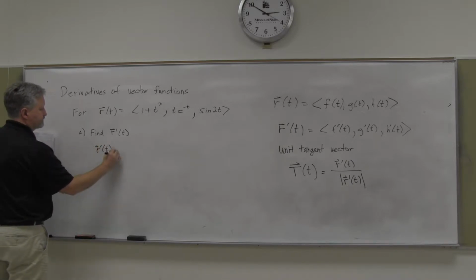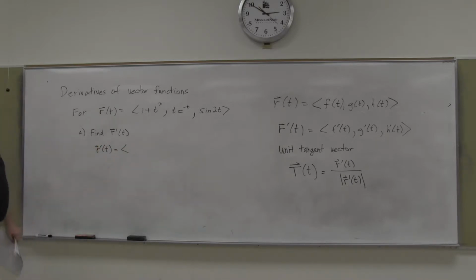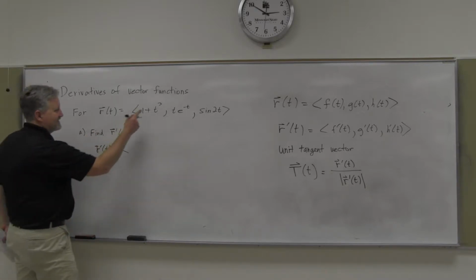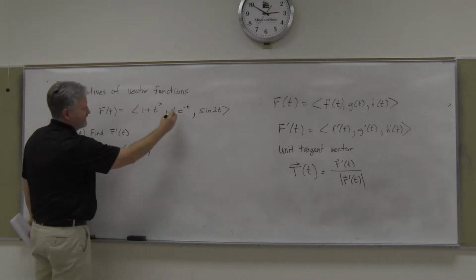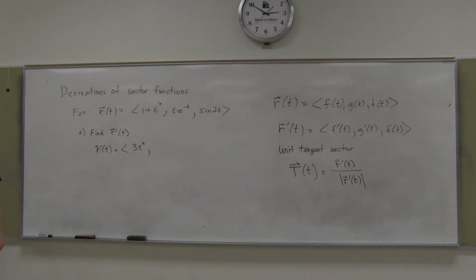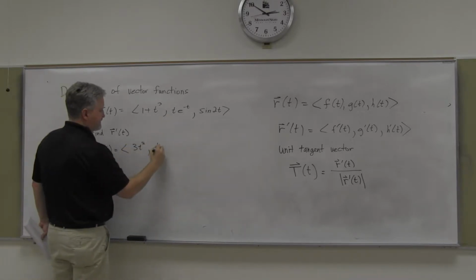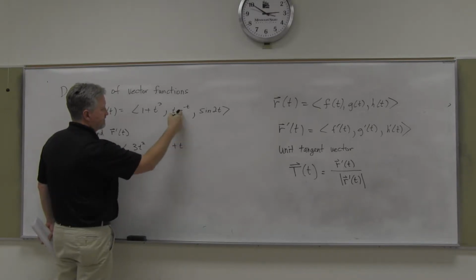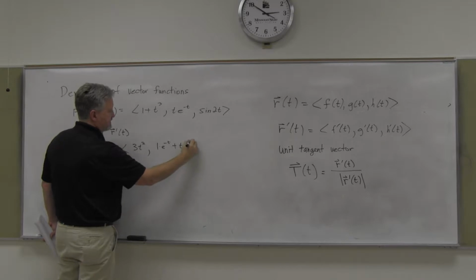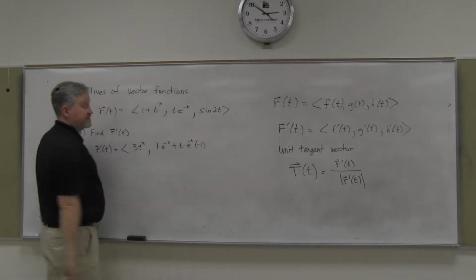Easy enough. We know about derivatives, so here's our chance to bring out our skills. 3t squared is the derivative there. We still have to remember the old rules. Product rule comes up here: derivative of the first times the second, plus t times the derivative of e to the minus t, which would be e to the minus t times the minus 1 because of the chain rule.